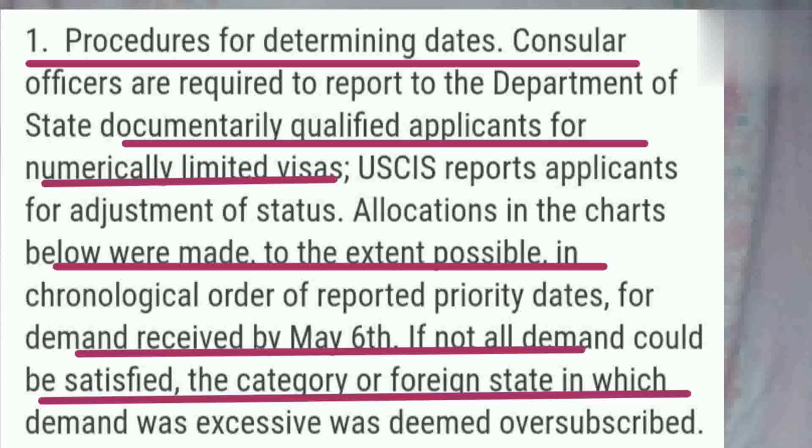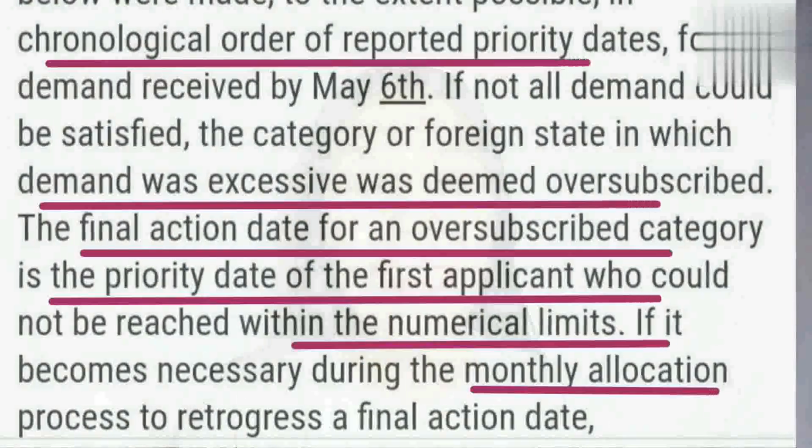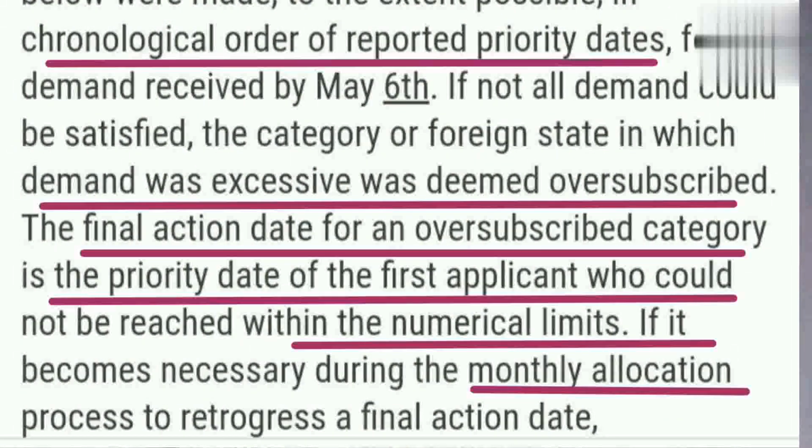If not all demand could be satisfied, the category or foreign state in which demand was excessive was deemed oversubscribed. The final action date for an oversubscribed category is the priority date of the first applicant who could not be reached within the numerical limits.